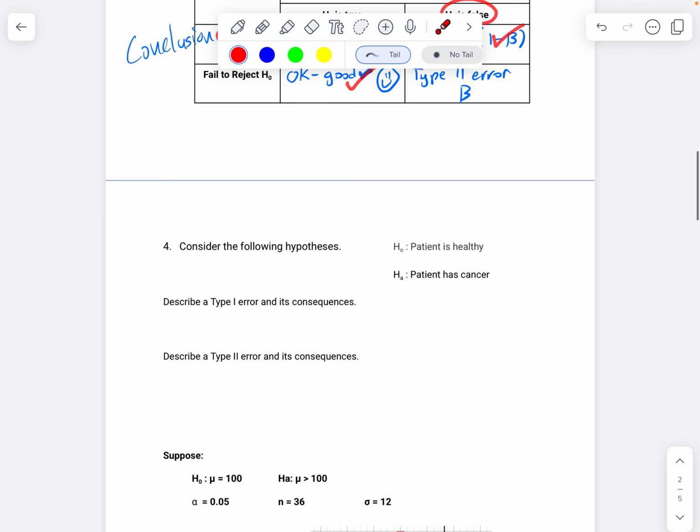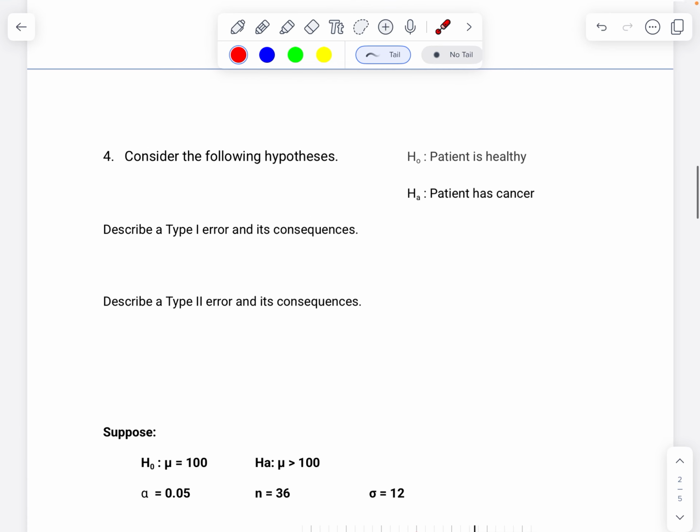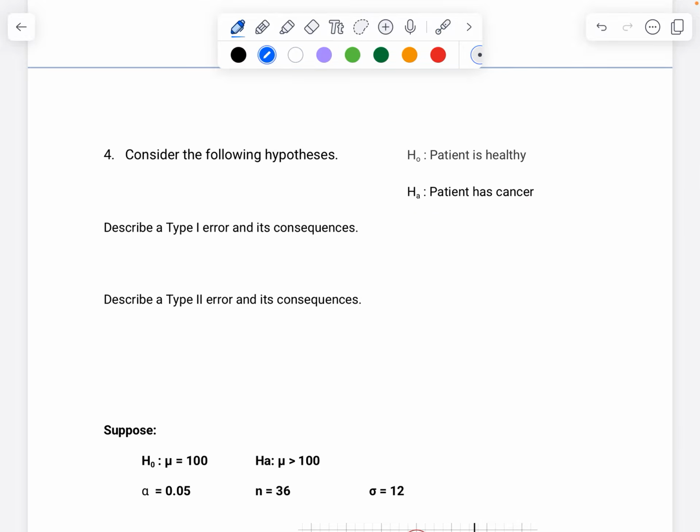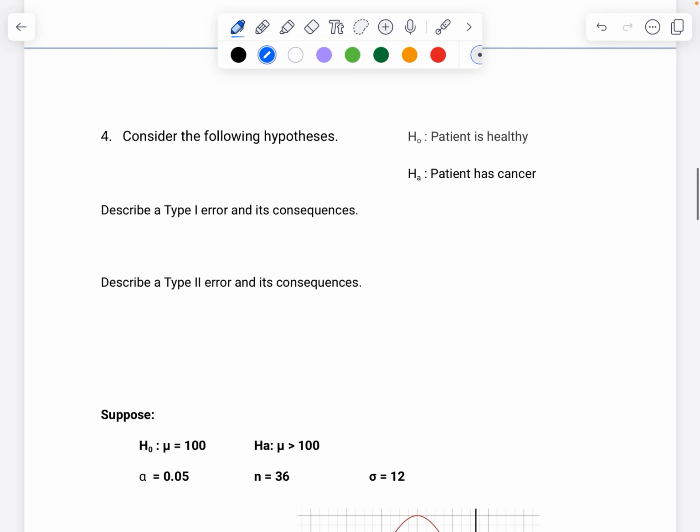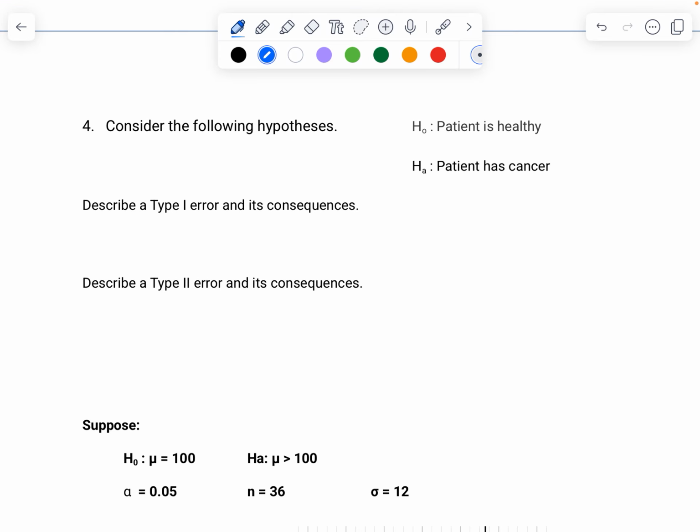What does this mean in real life? Give it context here. Consider these two hypotheses. The null is that the patient's healthy. The alternative is that they have cancer. Describing a type 1 error and its consequences: remember, a type 1 error is when you reject H0.